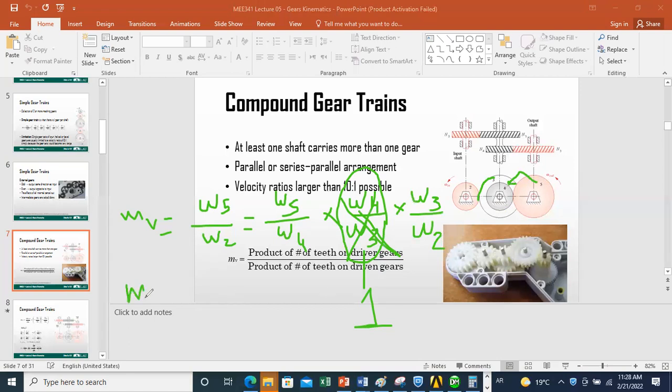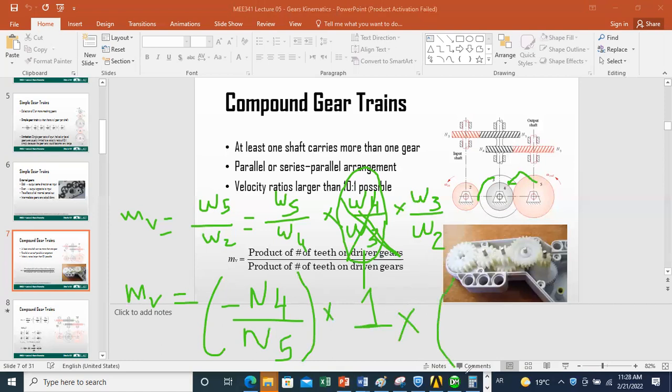So MV will be equal to minus N4 over N5 times minus 1, times minus N2 over N3.